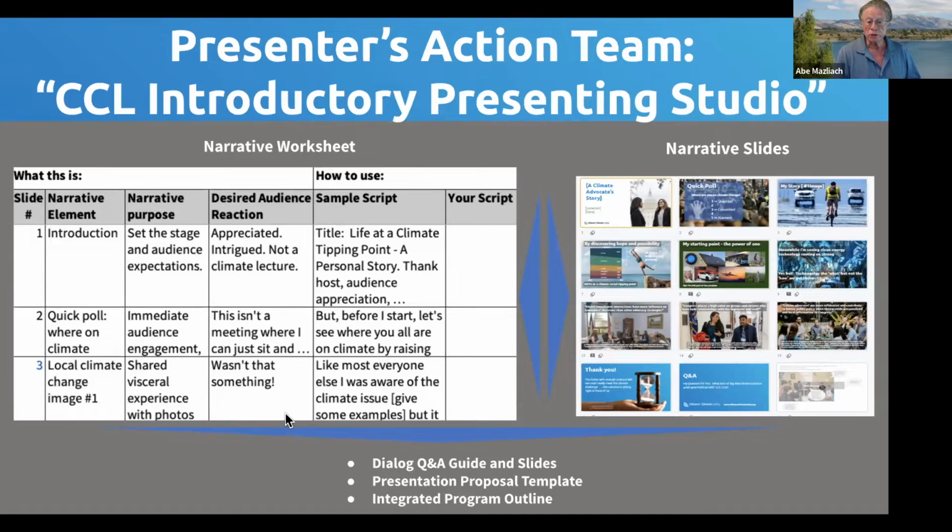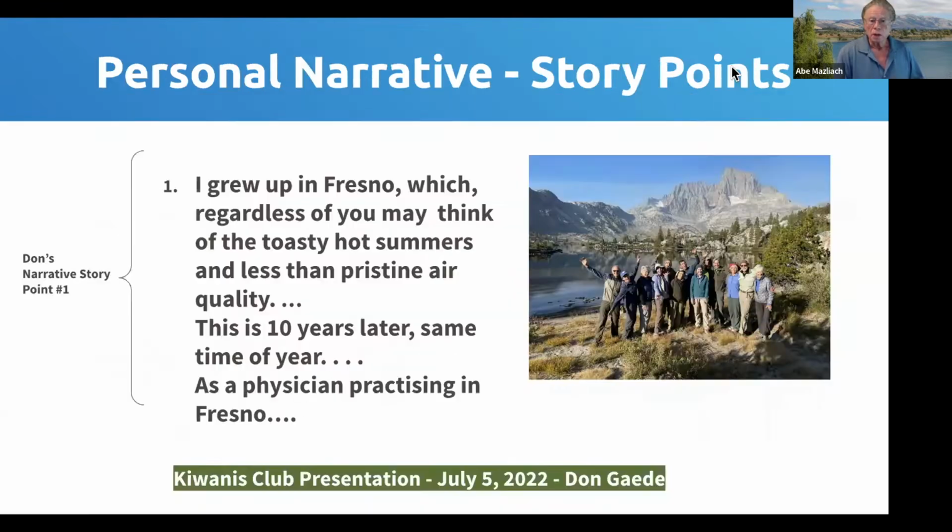I want to introduce the concept of story points, the building blocks of personal stories. Your personal narrative is broken down into story points.